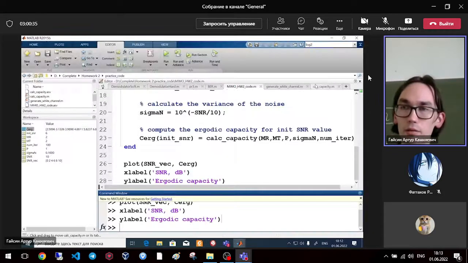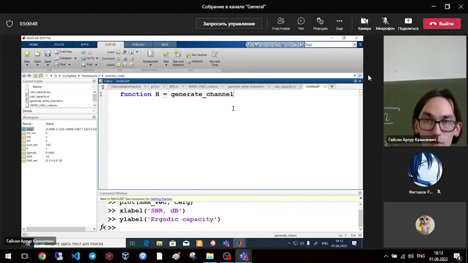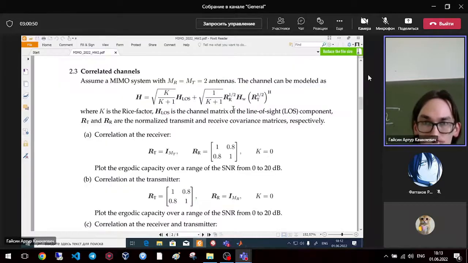So something like function, for example, channel H, and let's call it generate the channel, and you can see you should put here variation factor. You should put here the correlation matrices for transmit and receive antennas.